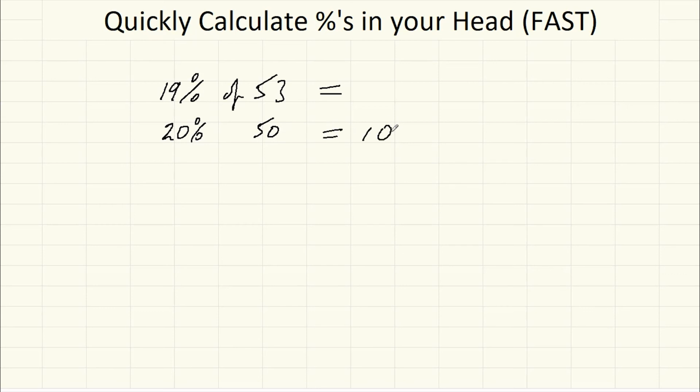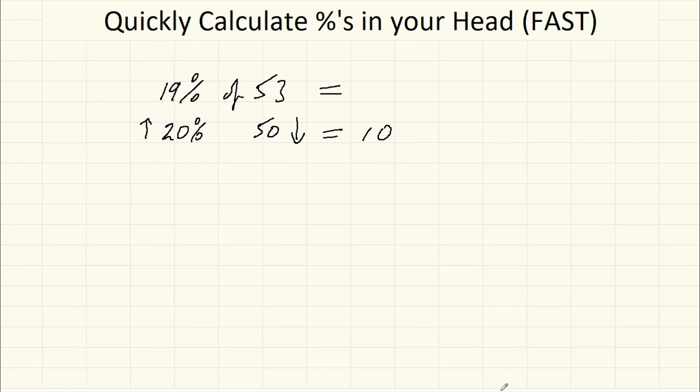So I reckon the answer is around about 10. What gives me more confidence is that the percentage we're increasing slightly, and this number here we're decreasing slightly, so they sort of cancel each other out. So let's go with 10.